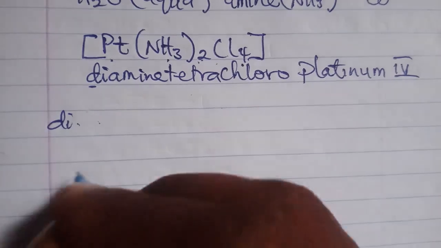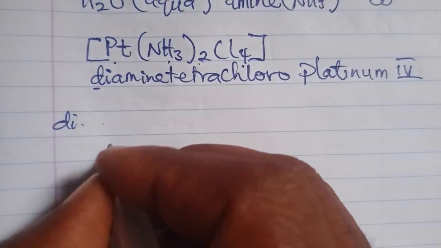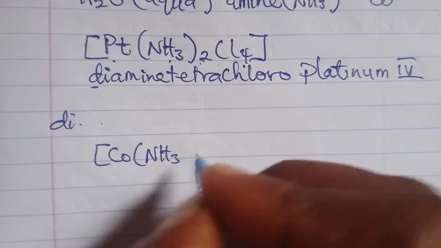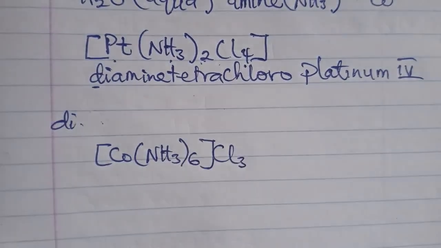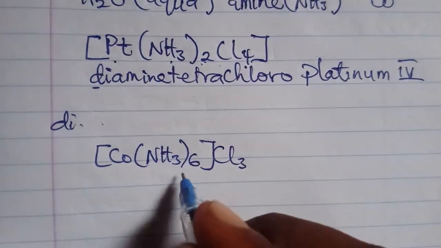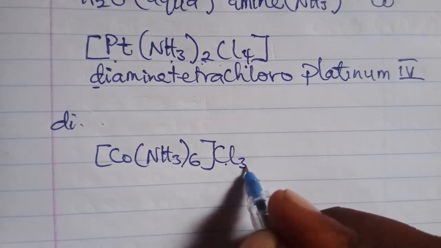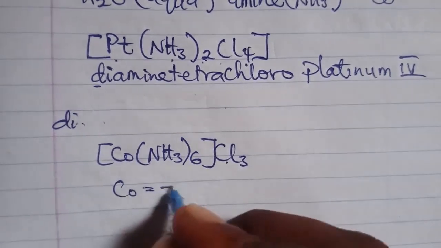Now let's look at another example. For example, when a complex is a cation, let's see, Co(NH3)6 Cl3. Now you can see that this is neutral and this is -1 times 3, so -3. So if it crosses the equality sign, cobalt is actually +3.